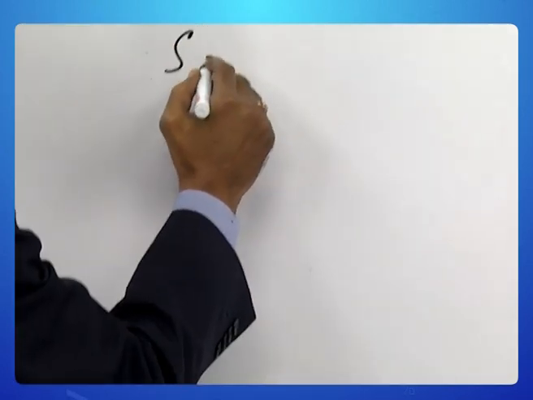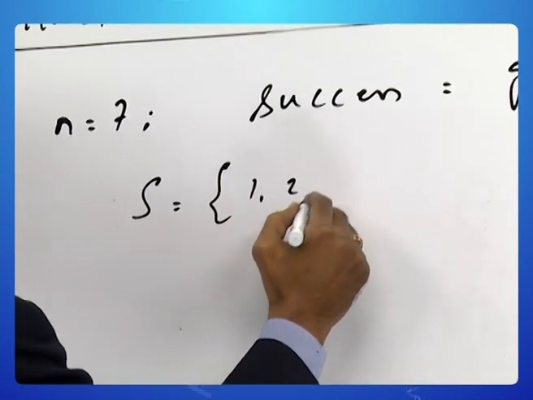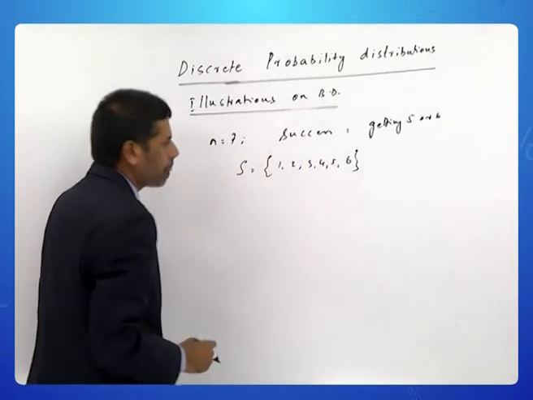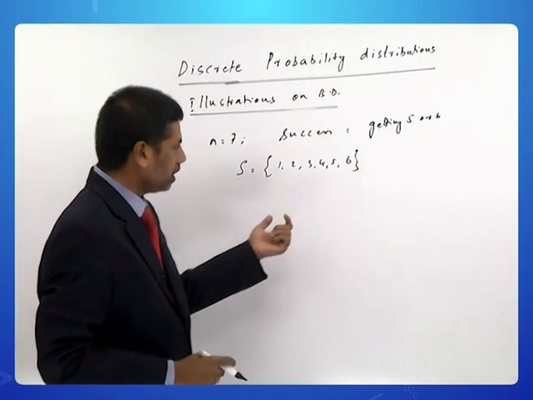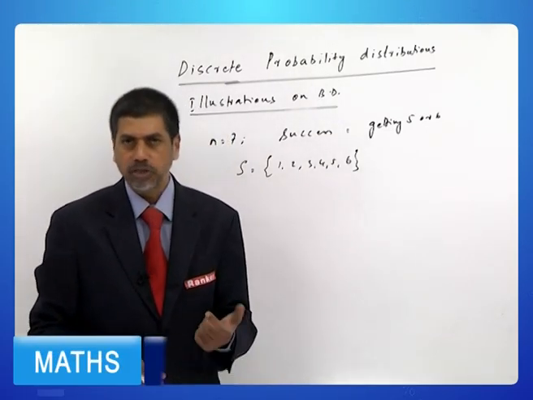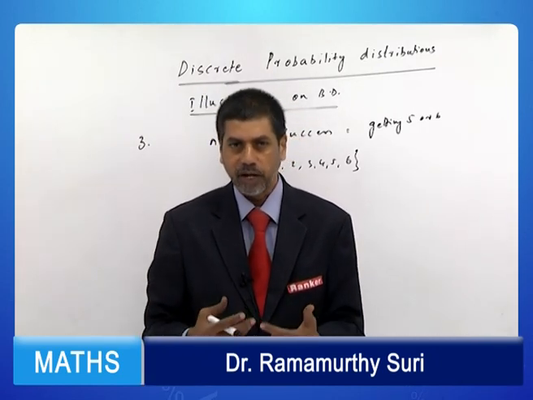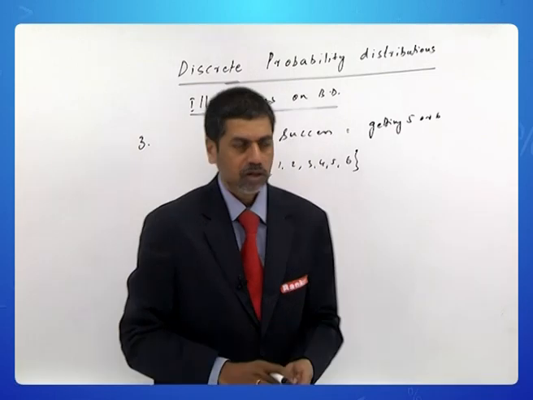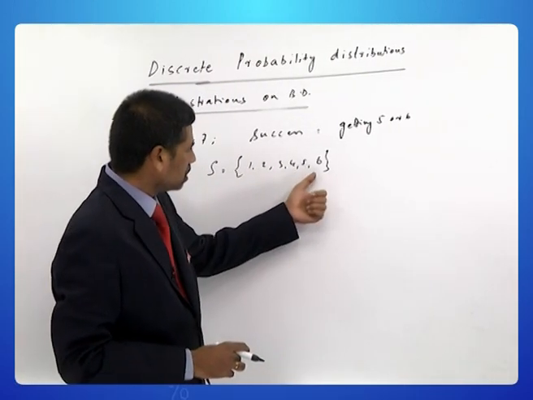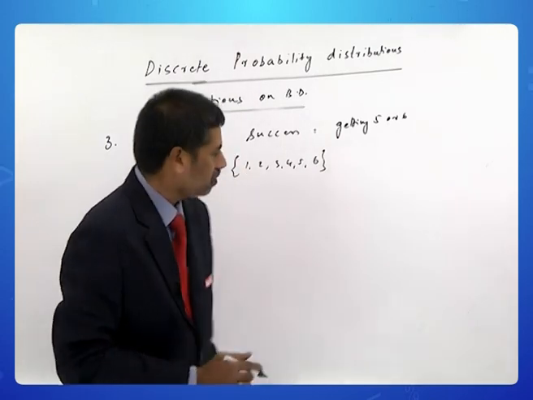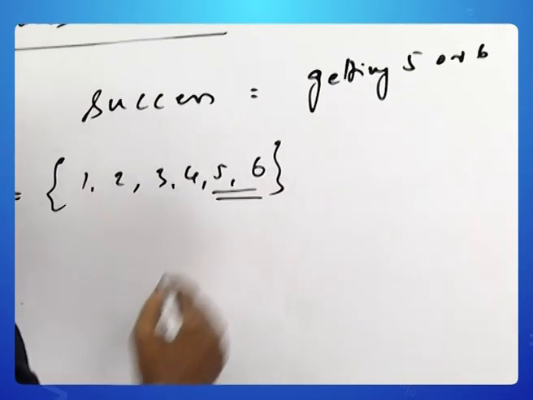So, if you look at the sample space, we have a die. When you toss it once, these are the 6 possible outcomes. So, when a die is tossed 7 times, each of these numbers has equal probability of getting displayed. Now, our focus is on these 2.